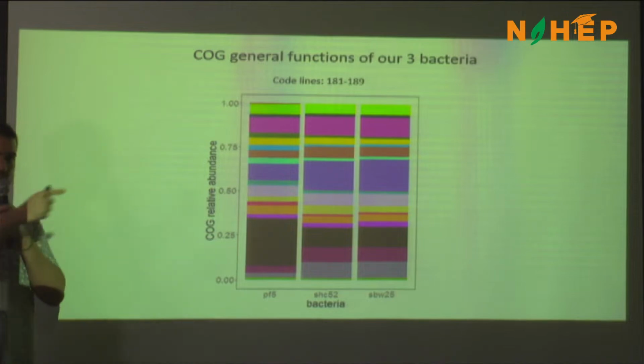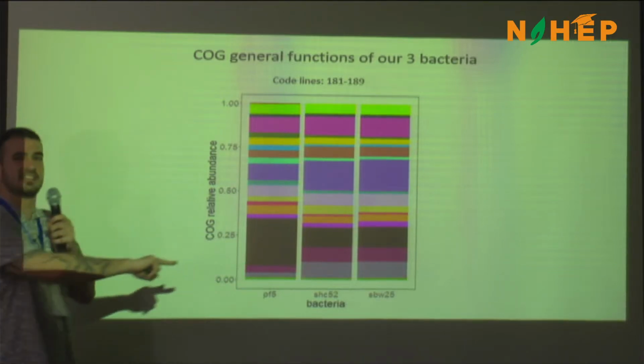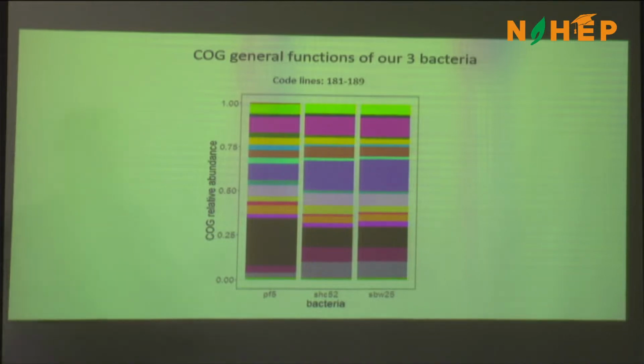Each color is one COG category. Already you can see that our two bacteria with the antagonist phenotype have a similar pattern of colors, right? That is already telling you that these two bacteria are more similar compared to the other one.